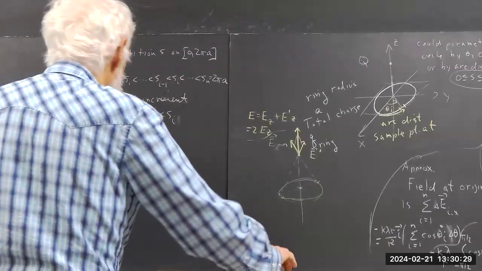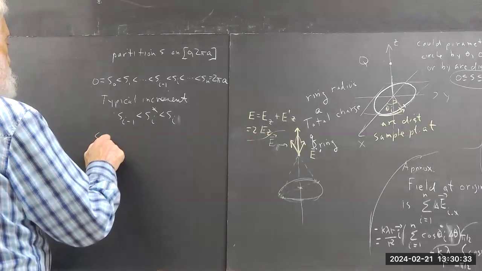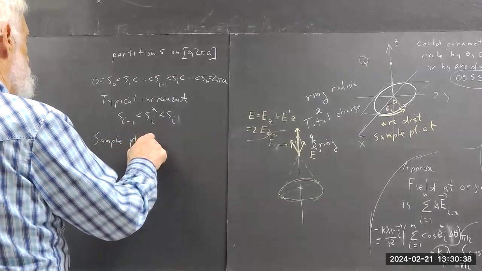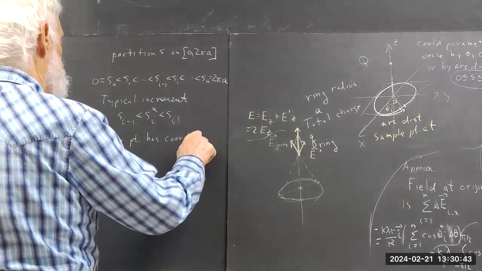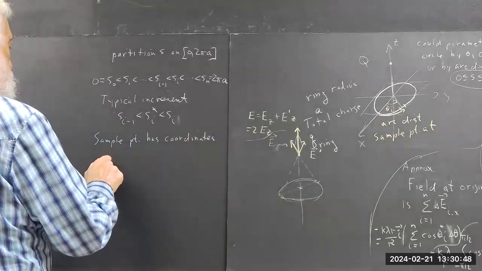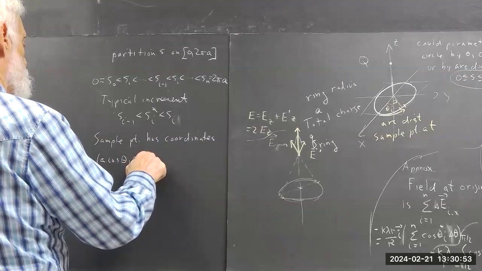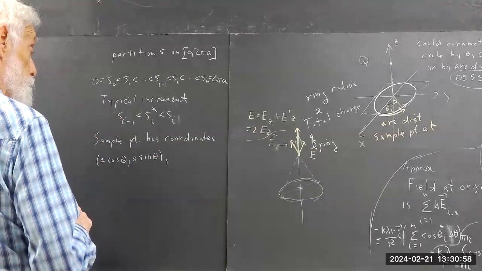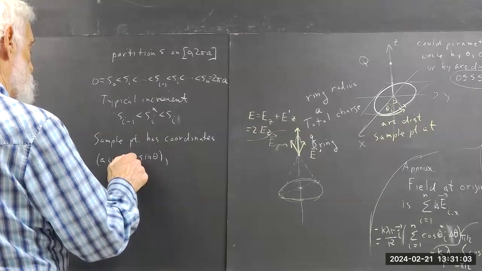So on this increment, A cosine theta, A sine theta. And we'll say theta i star.